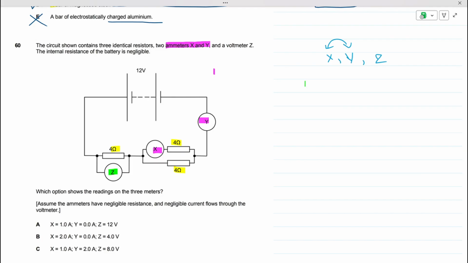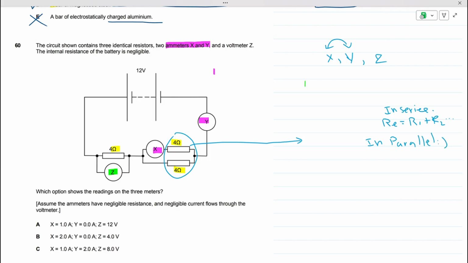So basically, let me measure the total resistance for now. These two resistors are in parallel, not in series. In series, the equivalent resistors are basically added, R1, R2, and so on.